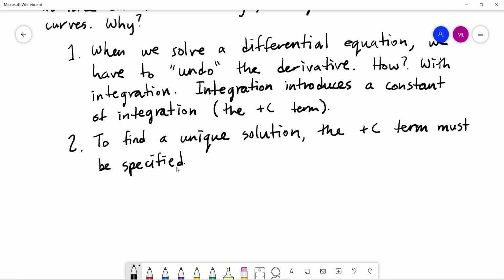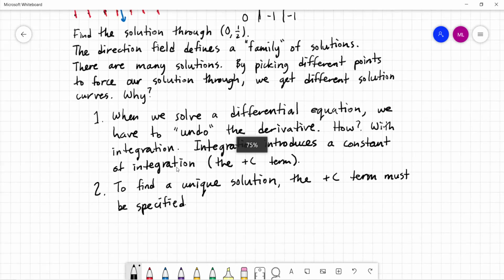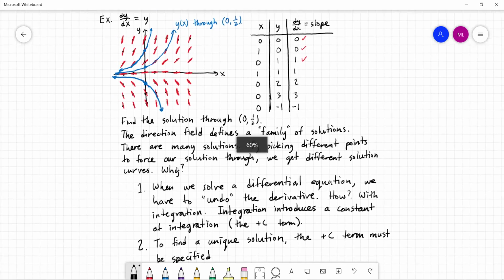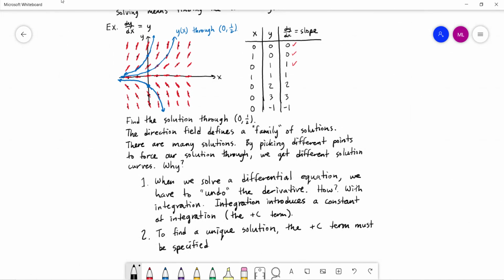What that tells me is our differential equation is enough to get a family of solutions, as we called it here, but we can see that there's lots of possible different solution curves. Then if we want a unique solution, we need more information.